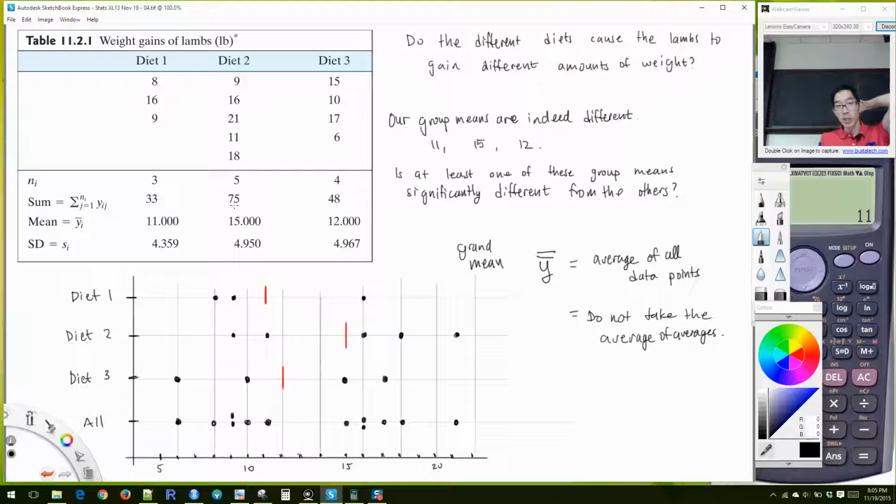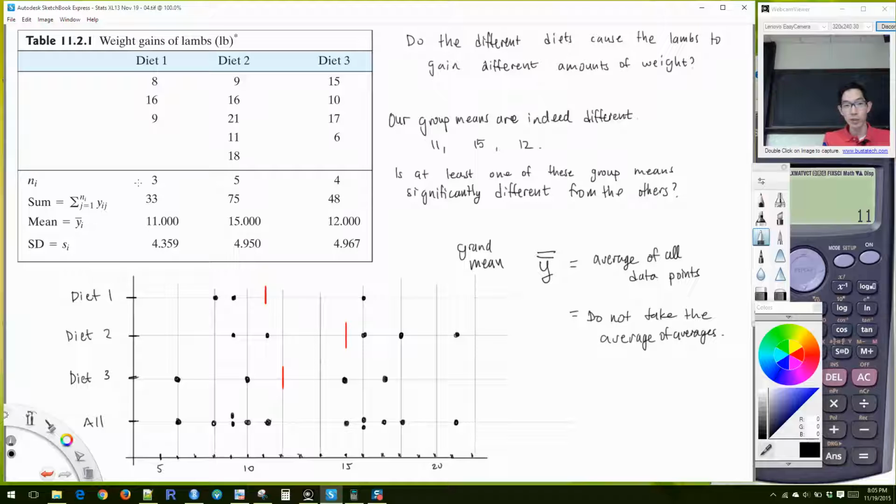We have to weight these. If we wanted to add them all up, we would add up all 12 and divide by 12. But not all of the data might be available to us.